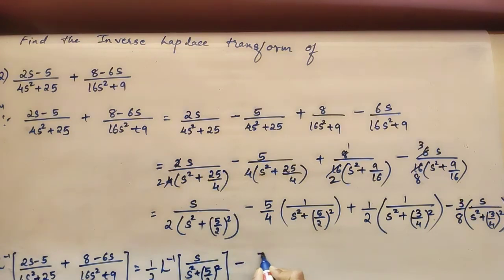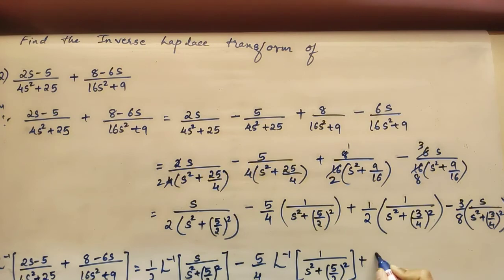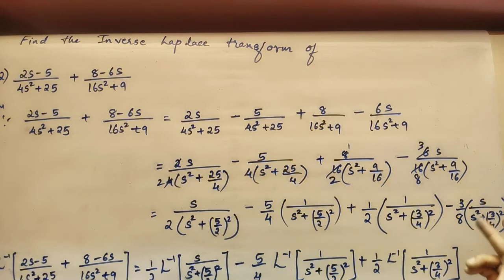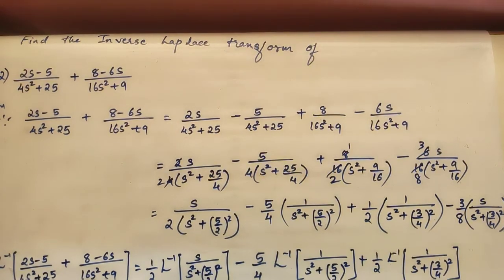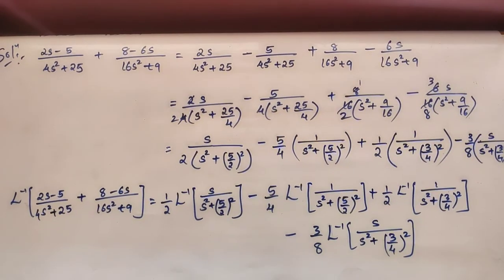Minus 5 by 4 is constant, keep it aside. L inverse of this term, so it is 1 divided by s square plus 5 by 2 whole square. Plus again half constant, keep it aside. L inverse of 1 divided by s square plus 3 by 4 whole square. Minus 3 by 8, last term, I am writing it here, please check out. L inverse of s divided by s square plus 3 by 4 whole square. Yes, I hope it is seen there.